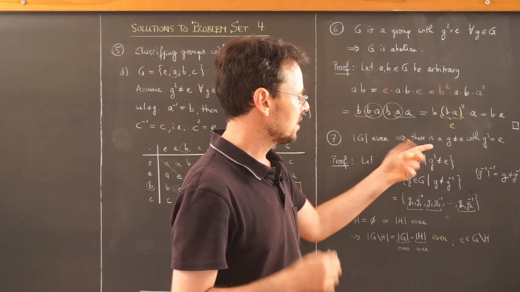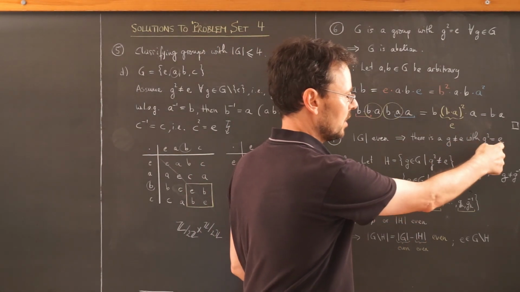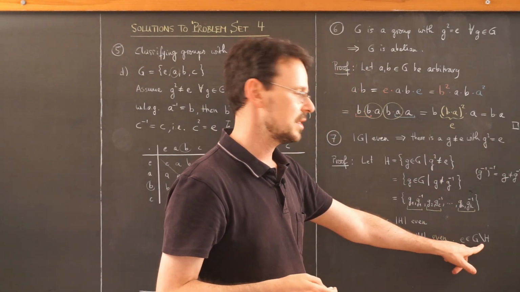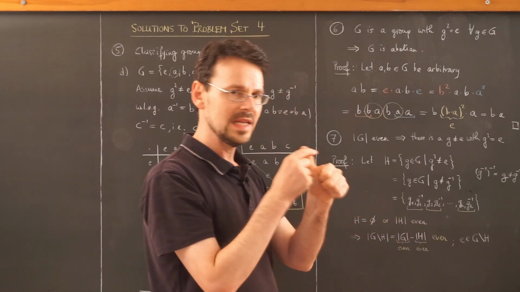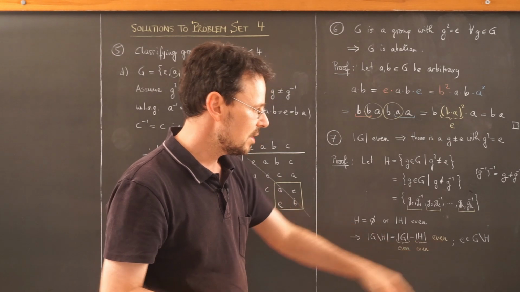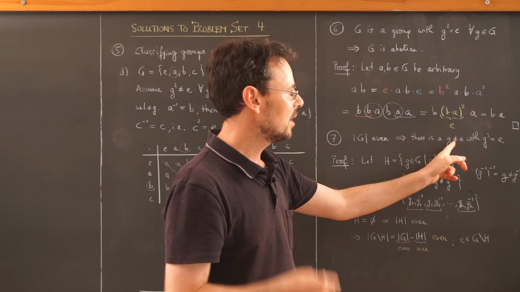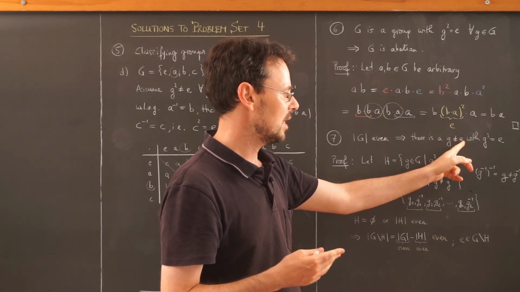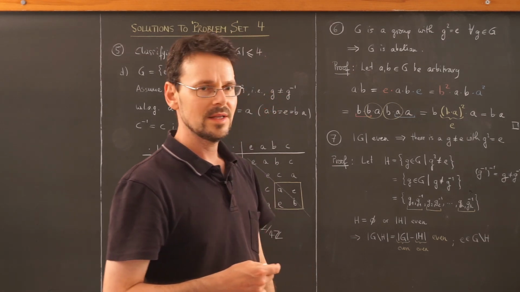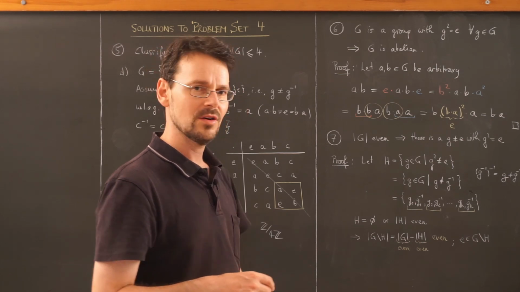Those elements are the self-inverse elements, so the elements that satisfy G squared is equal to E. And obviously the identity is an element of this set. So it has at least one element, but if its order is even, it must contain at least another element. So we have found another element, G not equal to the identity, with the property that G squared is equal to the identity, and this finishes our proof.